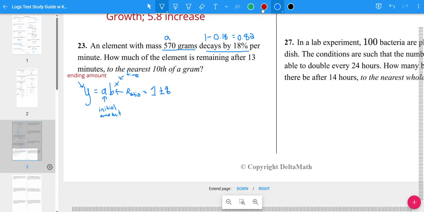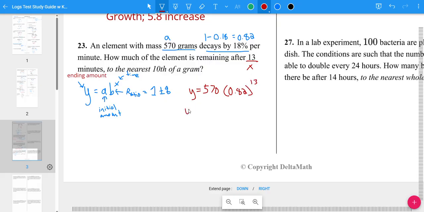So that means my ratio is going to be that in parentheses, and then it wants to know how much of the element is remaining after 13 minutes. So this is my x value, my time. So if I write this in, y equals 570 times 0.82 to the 13th.